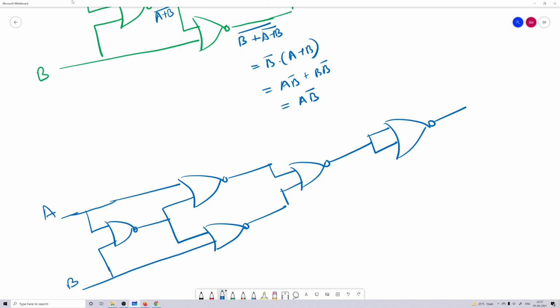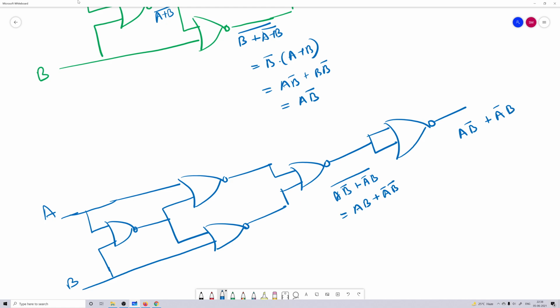So from the previous discussion, this is simply AB complement plus A complement B, whole complement of this, that is simply the NOR logic, and this, if you invert it, then we get the XOR logic.